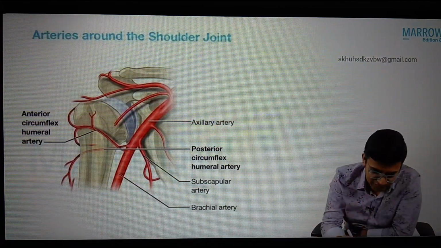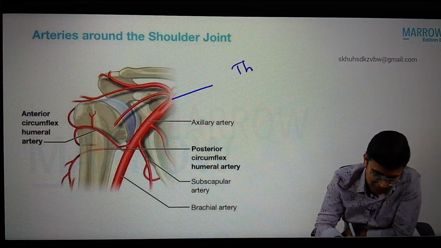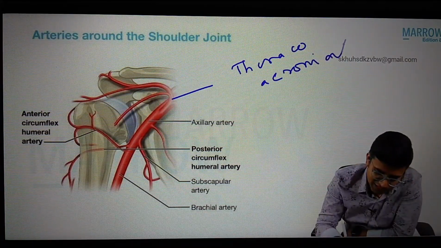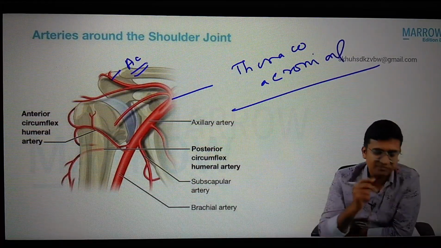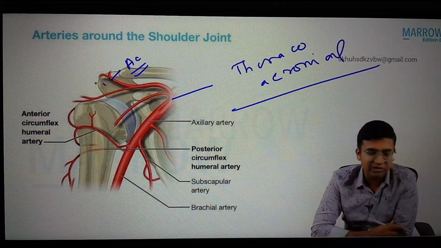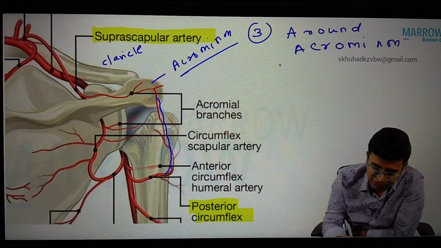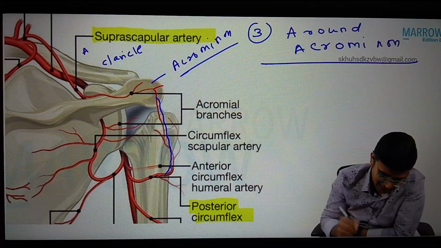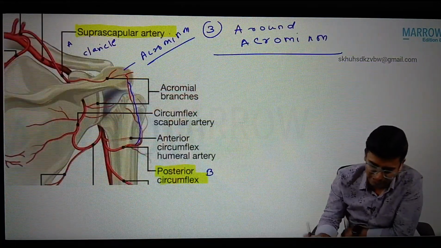Now see the diagram. This is our thoracoacromial artery. The thoracoacromial artery is giving the acromial branch, this branch. See, that branch is coming to the acromion process. So 3 vessels are involved in the anastomosis over the acromion process. What are those? This is A, this is B, and this is C. So what are A, B, C?